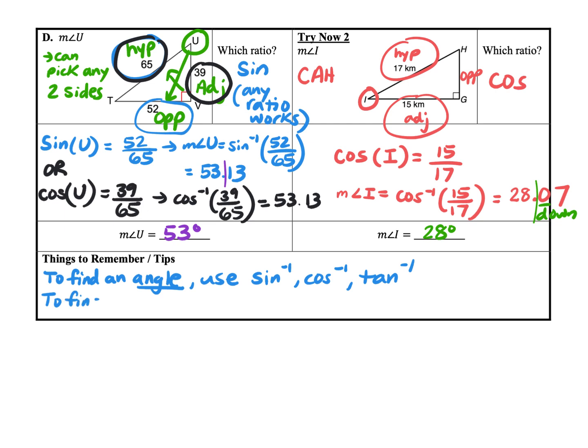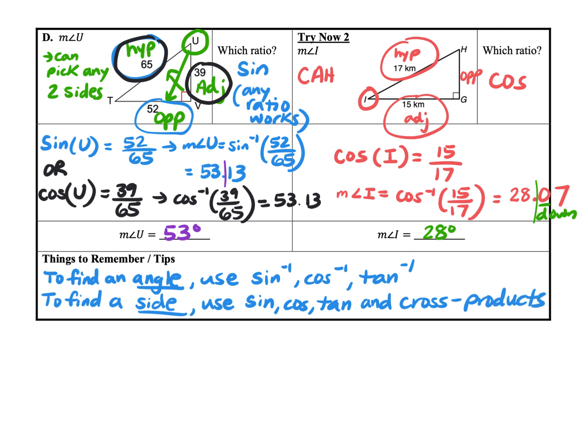Where if you want to find a side, like we did in the previous lesson, then we use the regular sine, cosine, or tangent button and solve with cross products. So we only use those inverse buttons if we're finding an angle. If we know an angle and we're trying to find a side, then we use the regular sine, cosine, and tangent.